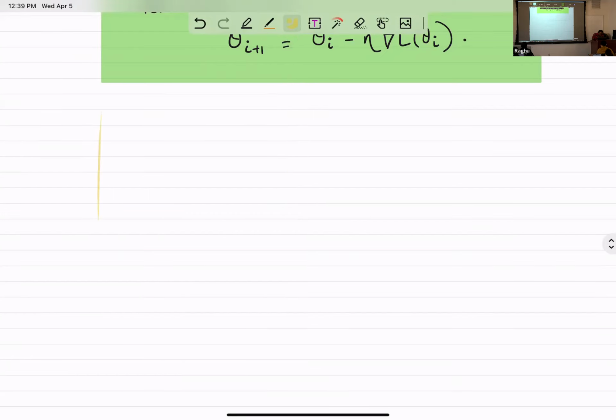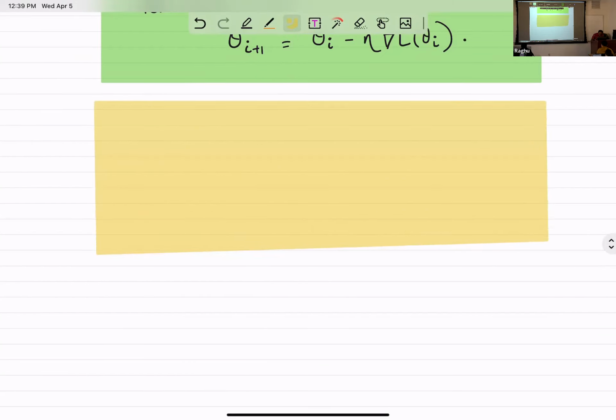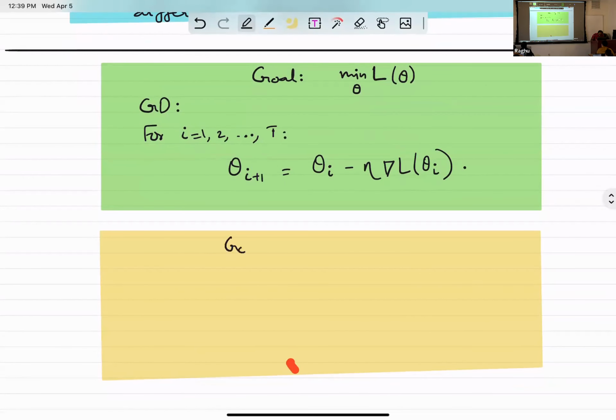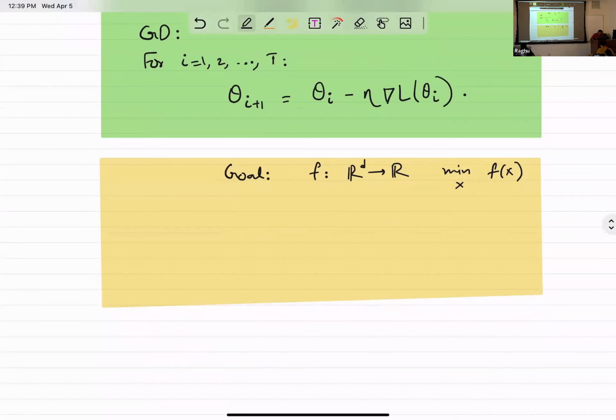So our goal is now we have some function f in d dimensions, and our goal is to minimize this function. Where this function comes from is not important to us for the time being, at least.